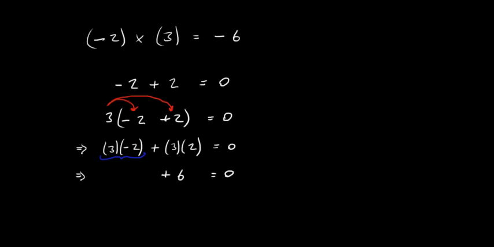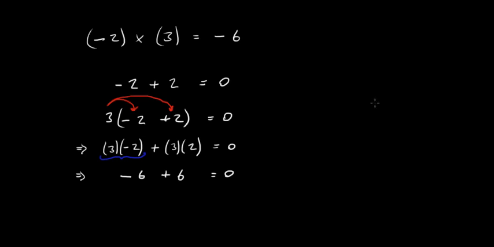Well, if we have a plus 6 here and we need to get a 0 on this side of the equation, this part here must be a negative 6. In other words, if we multiply 3 by minus 2, we should get minus 6, because that's the only way we can get a 0 here on the right. So we end up with a minus 6 if we multiply 3 by minus 2. So that's the first kind of reason why this actually works.